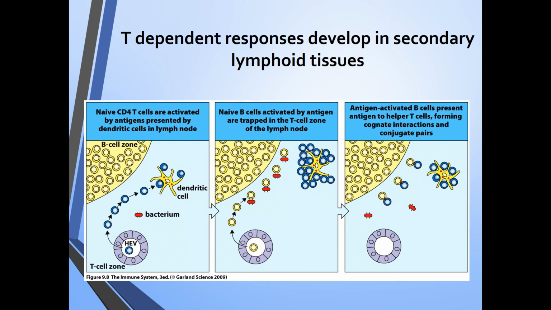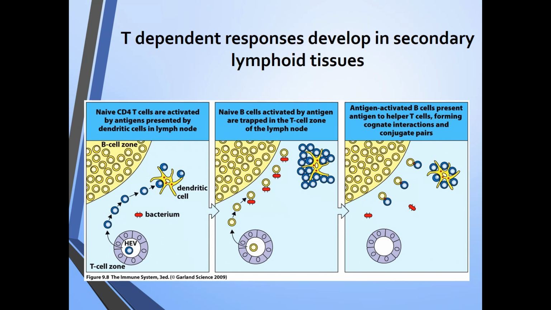Also, naive B cells migrate into the lymph nodes. If they have seen antigen that they're specific for, before or while they're in the secondary lymphatics or the lymph node, and they bind to it, then they're in the perfect place to present antigen.